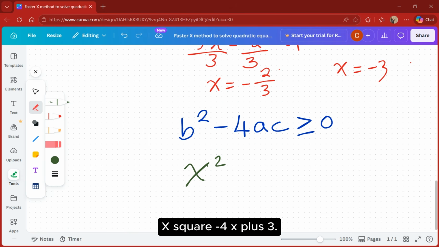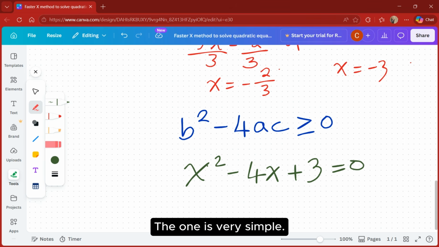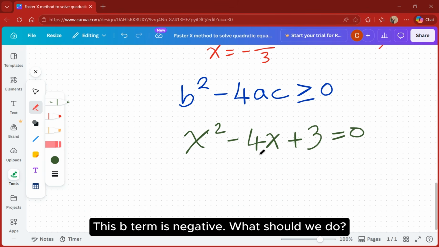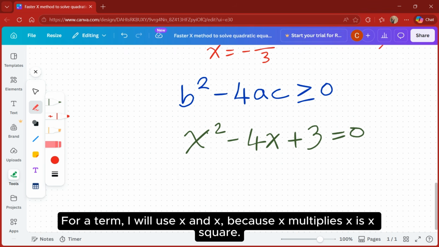x squared minus 4x plus 3. Okay, this one is very simple. I want to show you what we should do once our middle term, this b term, is negative. For the a term, I will still use x, because x multiplied by x is still x squared.